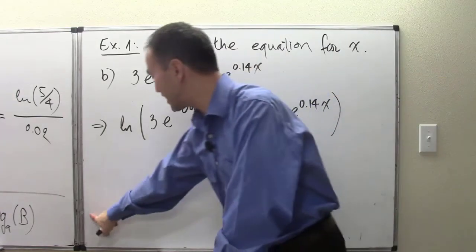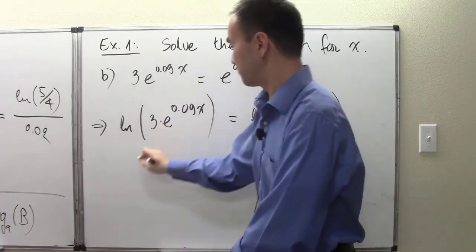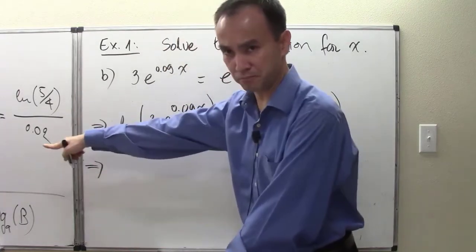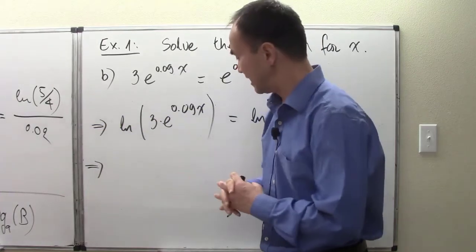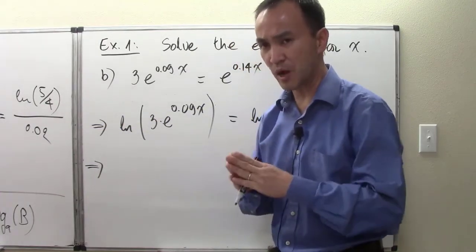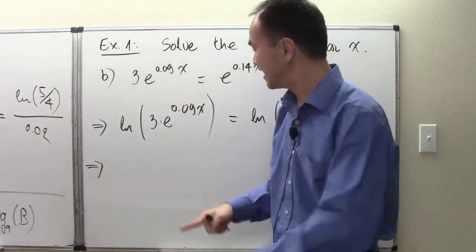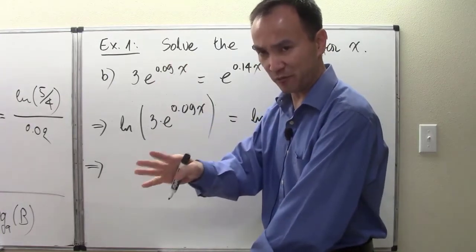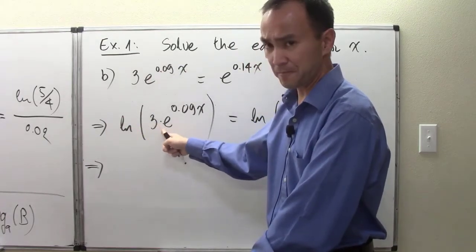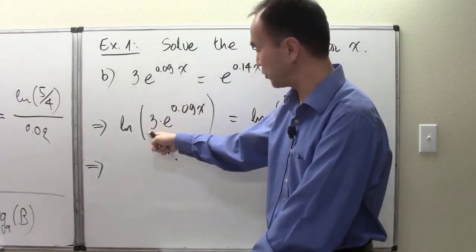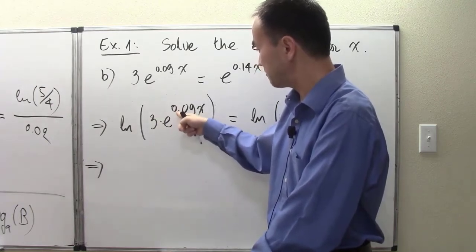All right, so now by doing that, here's what I'm seeing next. You have seen some action from my previous part A, and a lot of my explanations where I explained that we have to bring in a lot of properties from our lecture where we studied the properties of logs. Now I see again there's a product, 3 times e to the 0.09x.